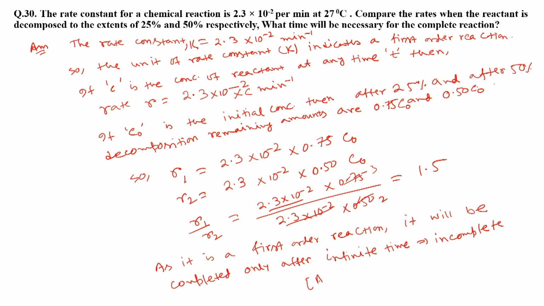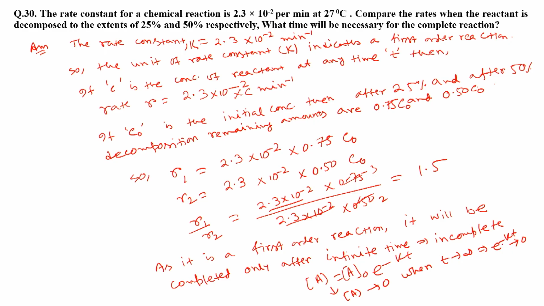Because we know A is A naught times e to the minus kt. So, the concentration of A goes to 0 when t goes to infinity. So, if t goes to infinity, e to the minus kt goes to 0, right?